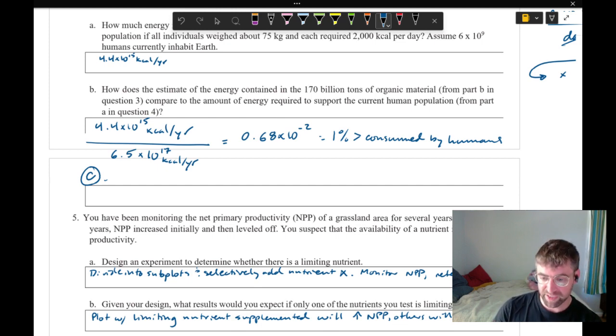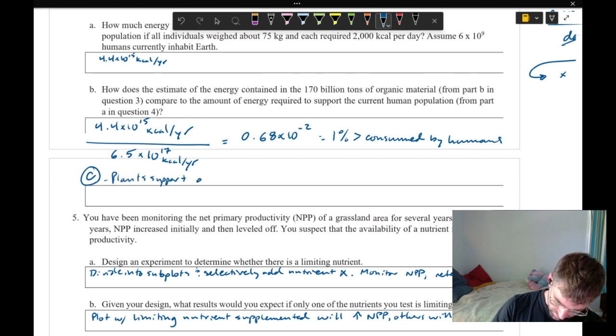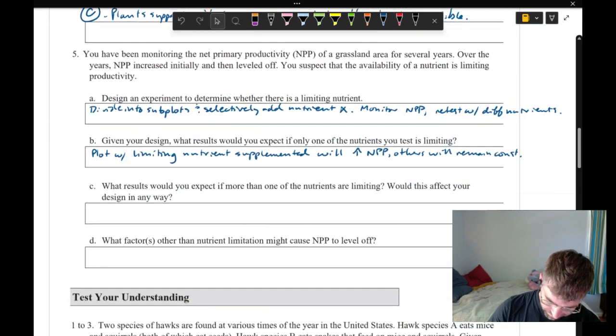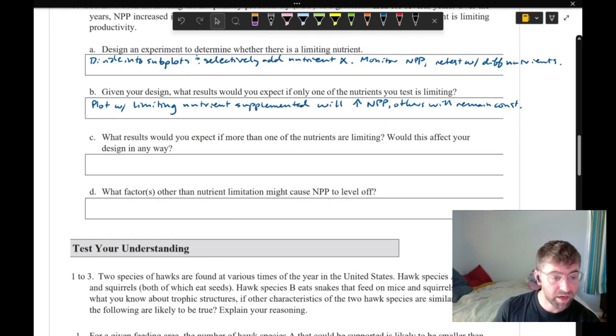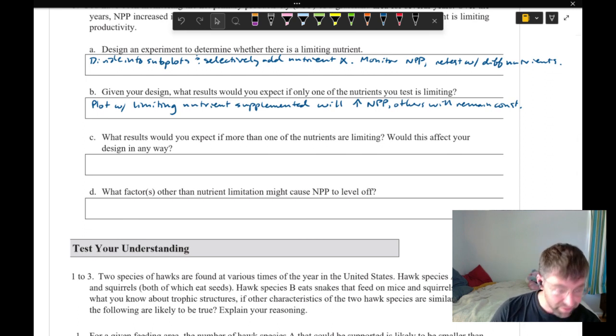So we can simply say plants support other organisms. Not all plants are edible. But they're all sequestering carbon very efficiently, more efficiently than any artificial process that we have yet devised.